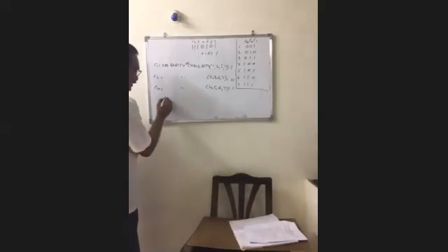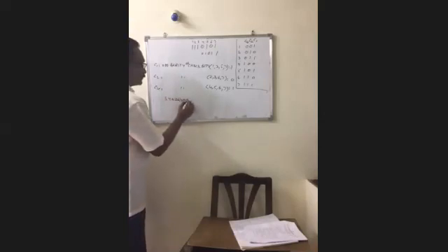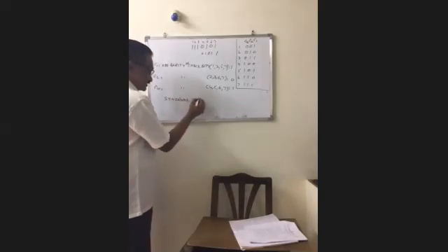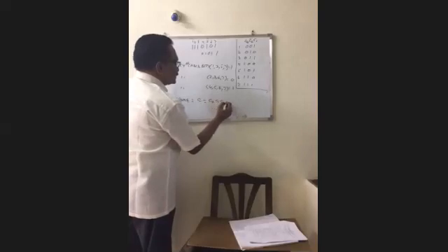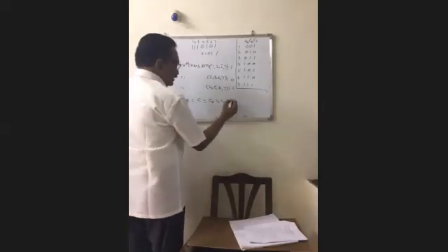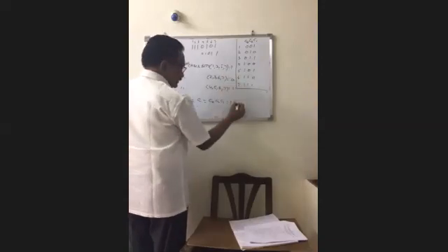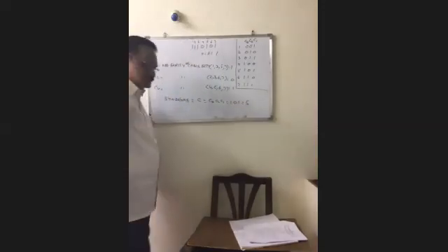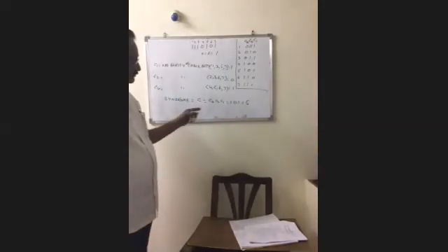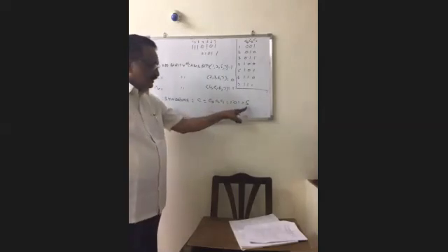This is called the syndrome, which is C4, C2, C1. C4 is 1, C2 is 0, C1 is 1. So 1, 0, 1, and its decimal equivalent is 5. The syndrome is not equal to 0.